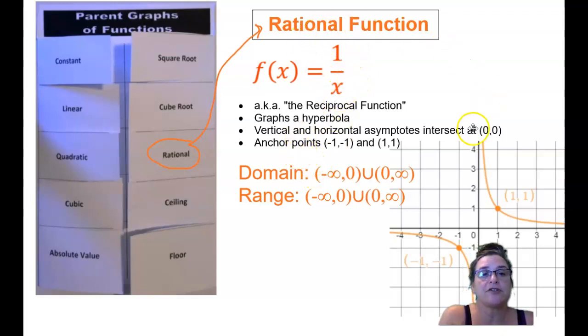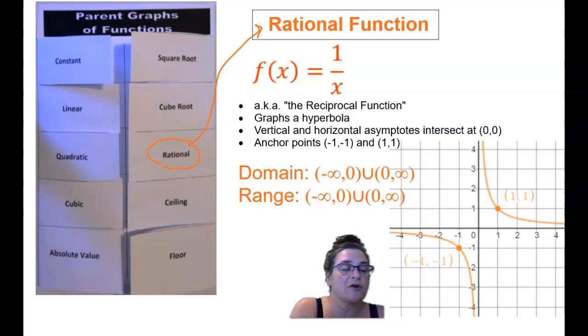Rational functions graph a shape called a hyperbola, and that's a curve that has 2 sections to it. So this is one graph. It is the graph of the function 1 over x, and it produces 2 curves that are separated by these invisible barriers called asymptotes. And generally we sketch asymptotes using dashed lines.